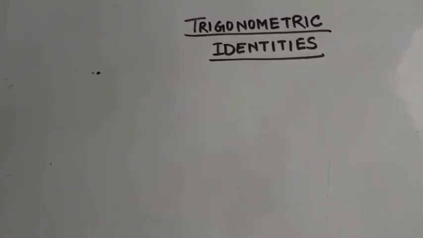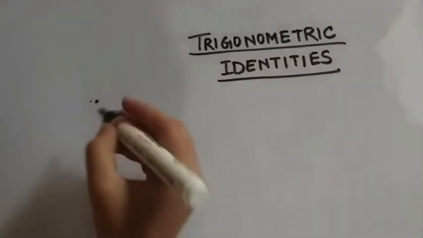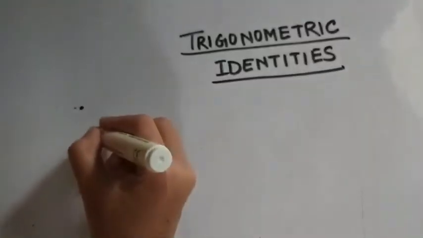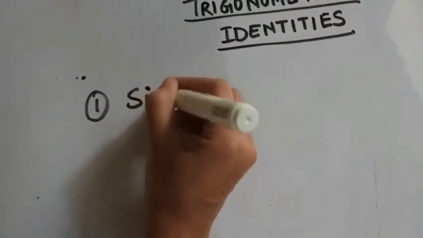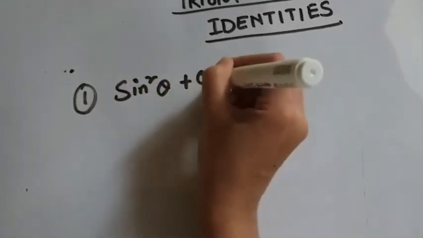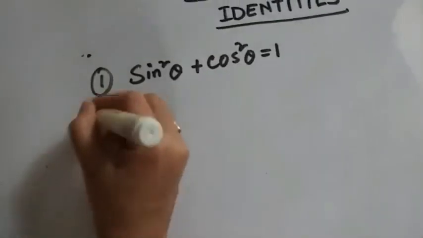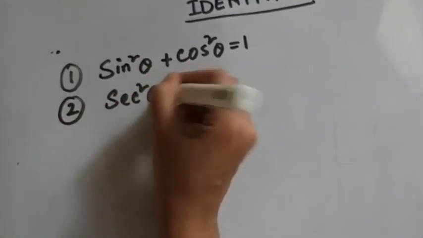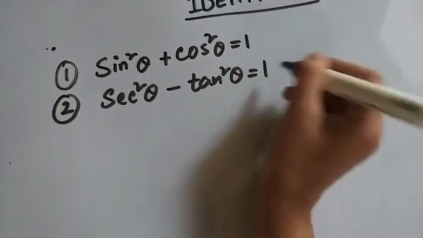Now we will discuss trigonometric identities. What is the formula? The formulas are: number 1, sin square theta plus cos square theta equals 1. Number 2, sec square theta minus tan square theta equals 1.